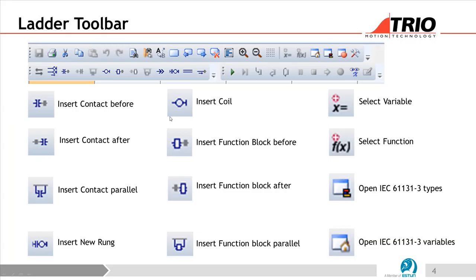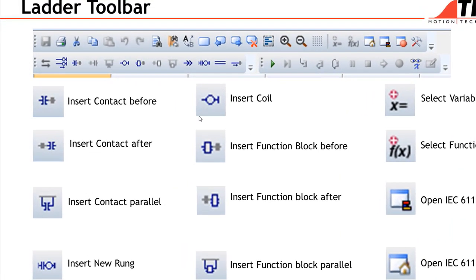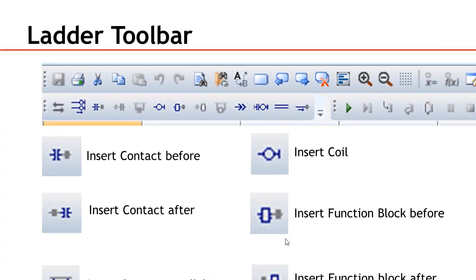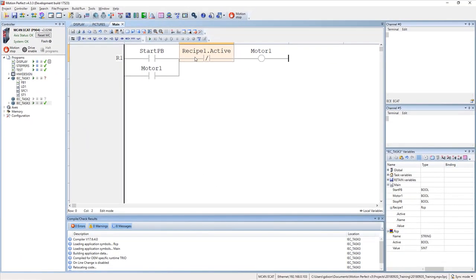Alright, so that's pretty much the ladder logic. And we're going back to the toolbar. So these are the function block instructions. Another one is insert new rung, insert coil. For the ladder logic itself, we've got the whole library with the function blocks. So in order to do so, we activate this toolbox window. Click it.